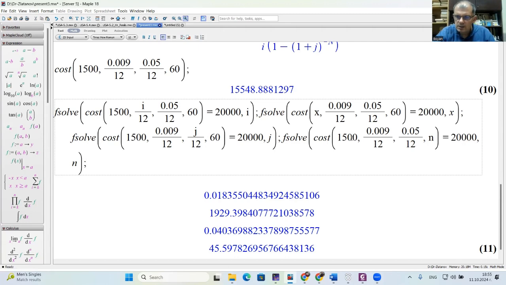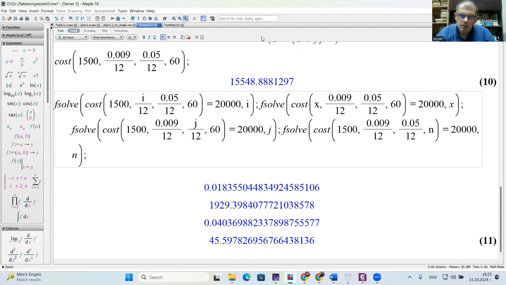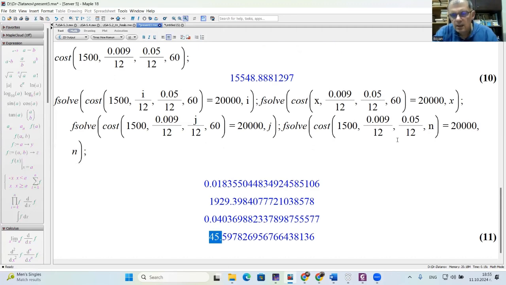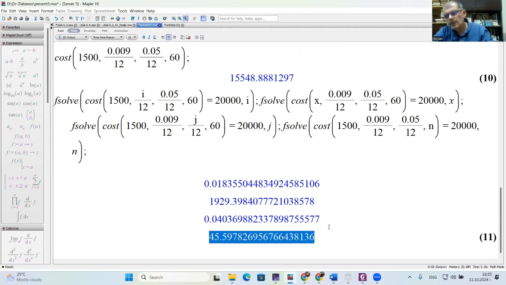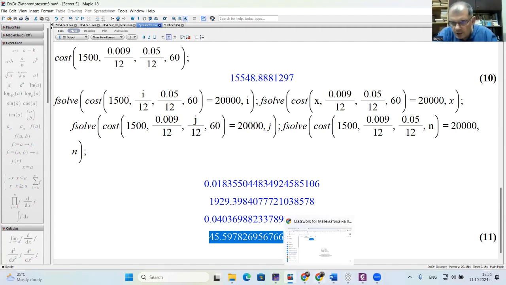With the same numbers, it says that 45 months is the middle where there is no distinguishing between paying the whole amount of money with a discount or paying it in small future payments.